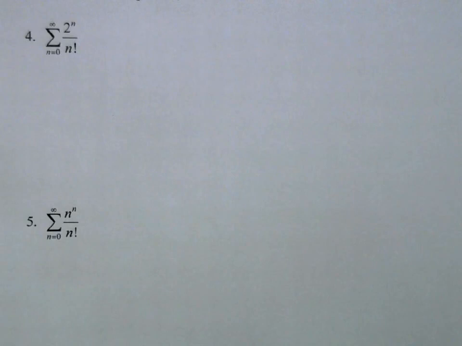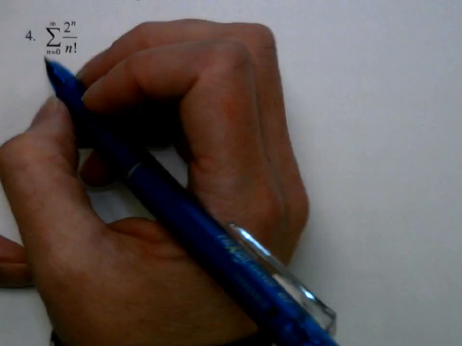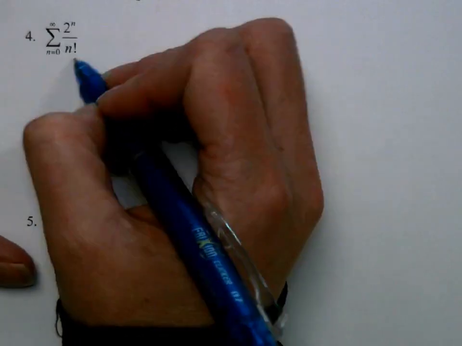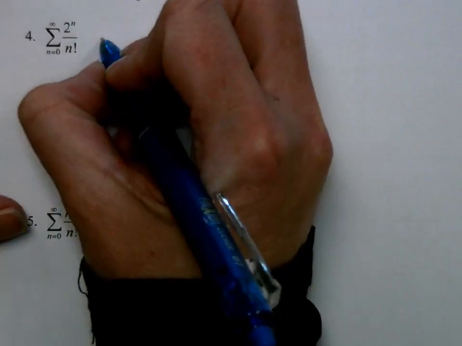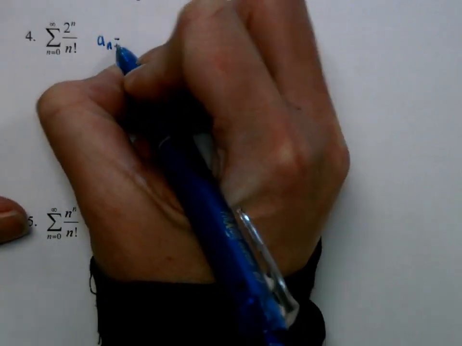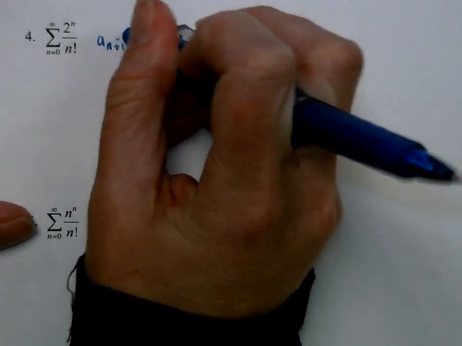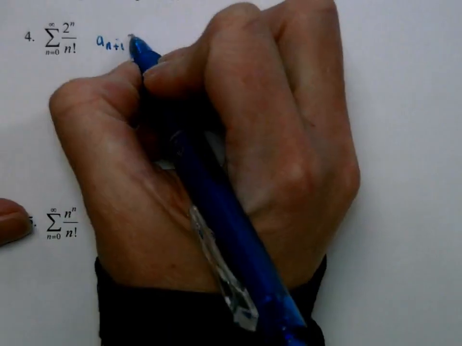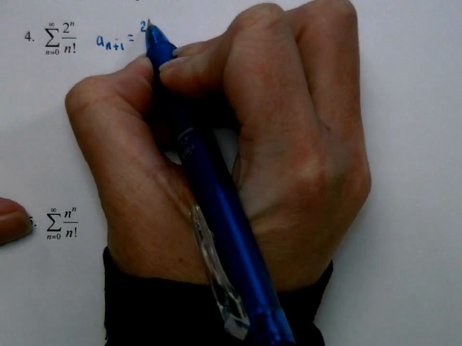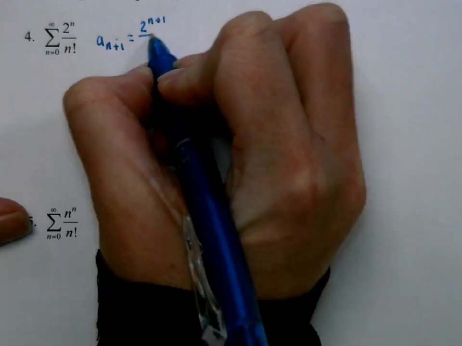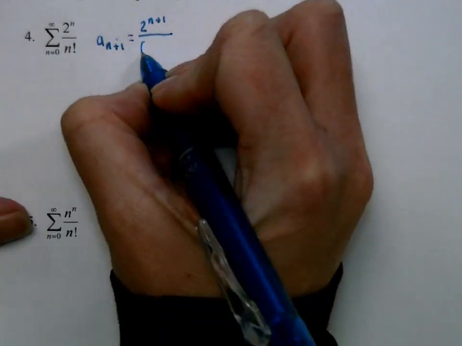Okay, so in this problem, we have an exponential function and we have a factorial, which is really going to lend itself to our ratio test. So this is going to be my nth term. My a_(n+1) term is going to be, we're going to add 1 to that n, and I'm going to add 1 to that n.